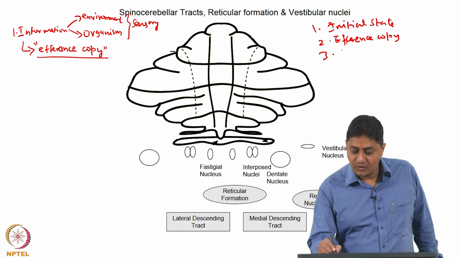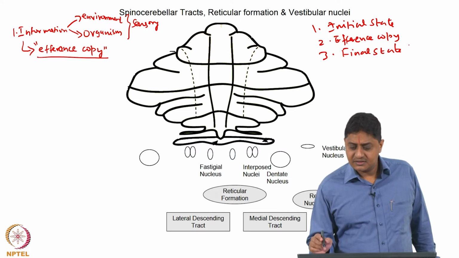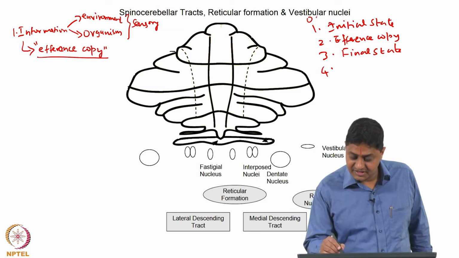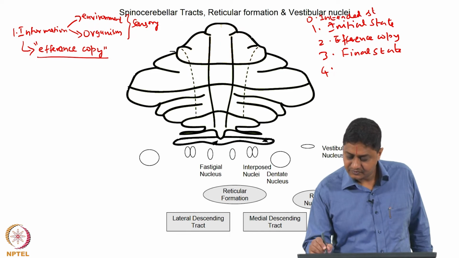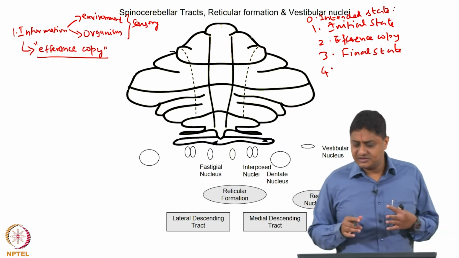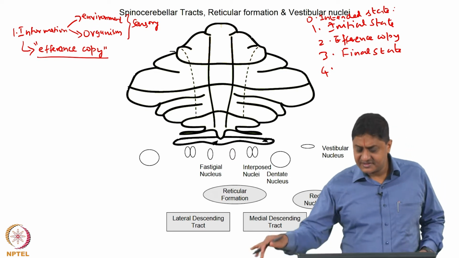So, you also know the final state. What is the goal? The goal is also you know the intended state, you know the initial state, you also know the intended state. How do you know the intended state? Actually, the intended state is known through other pathways not discussed in this class, we will discuss in future classes.